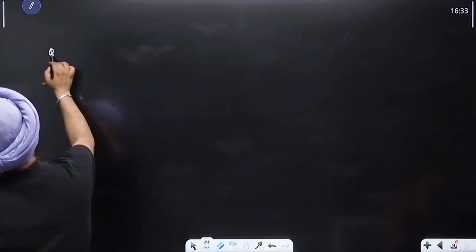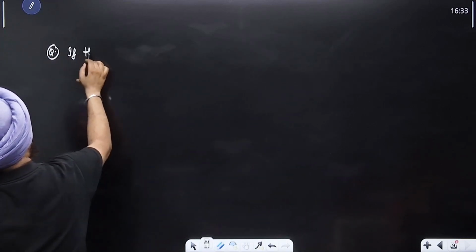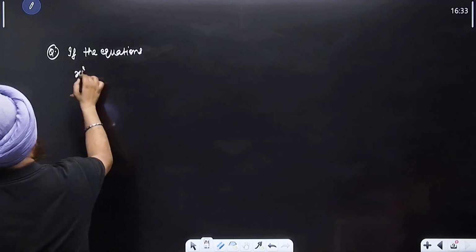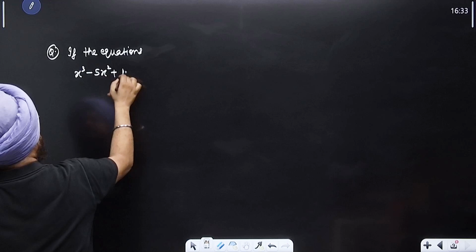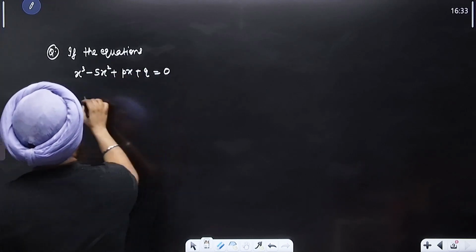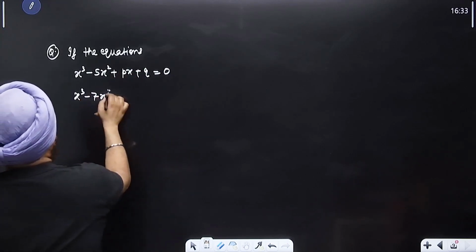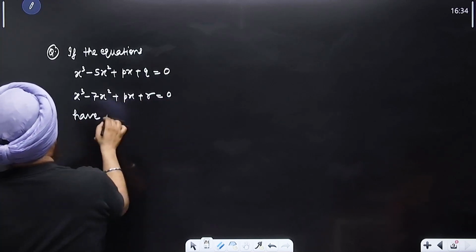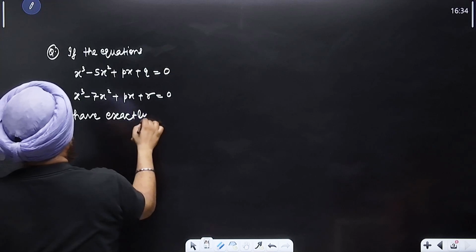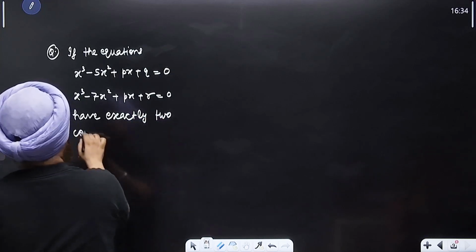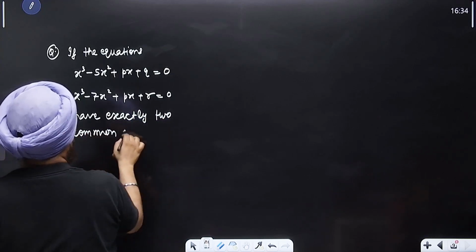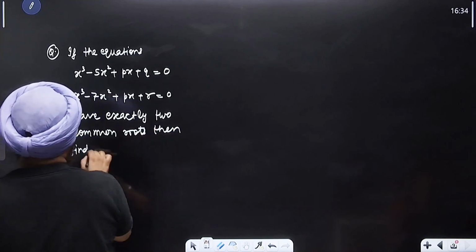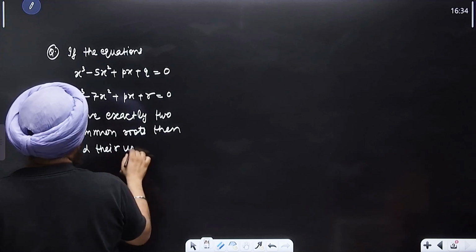Let's have one more problem. If the equations have exactly two common roots, then find their uncommon root.